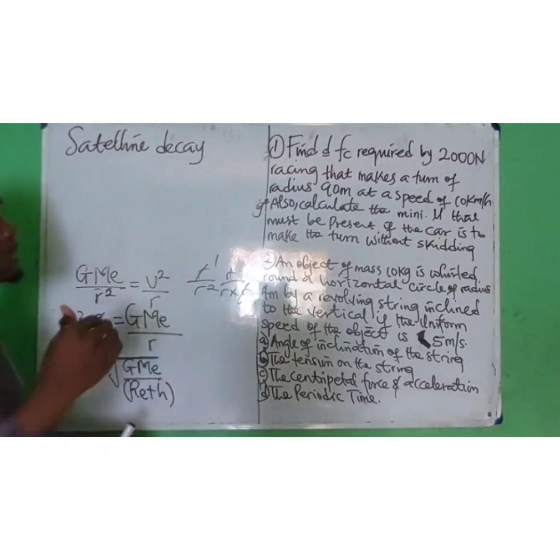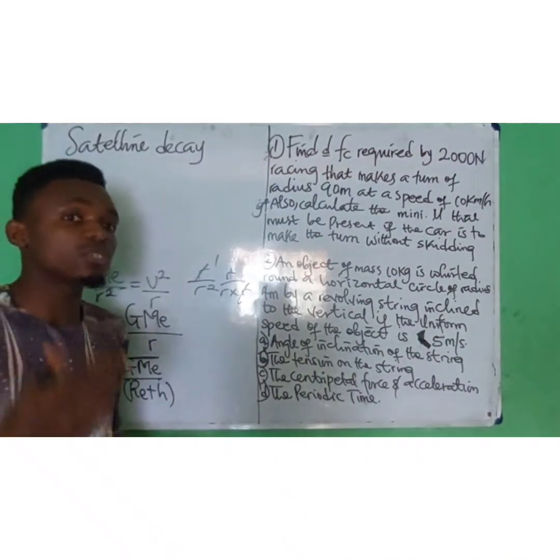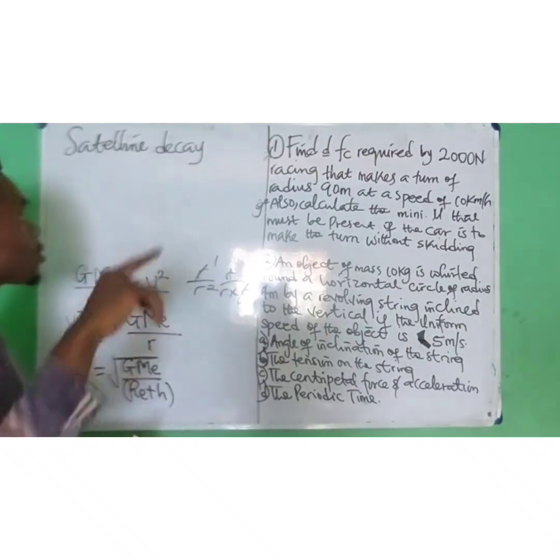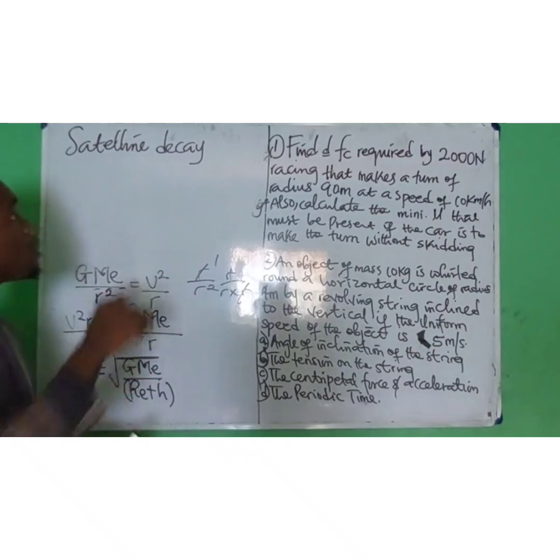Satellite decay refers to a gradual decrease in the movement of the satellite about a celestial body.